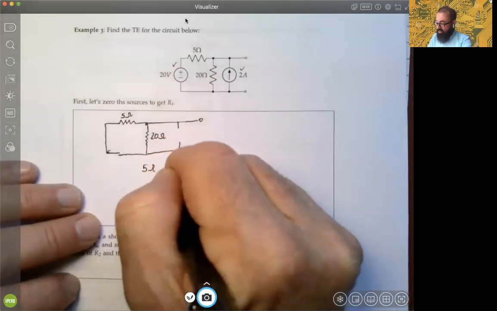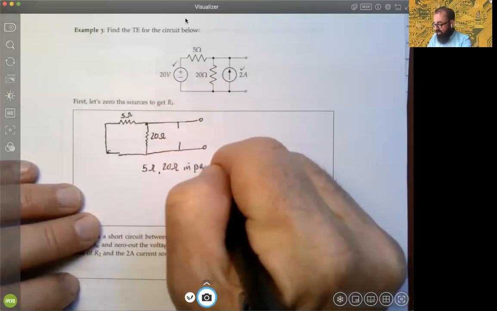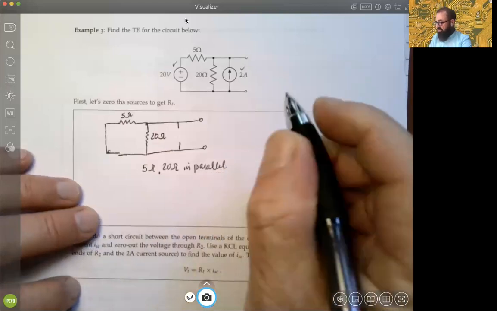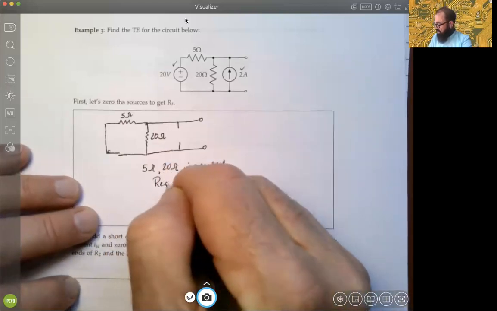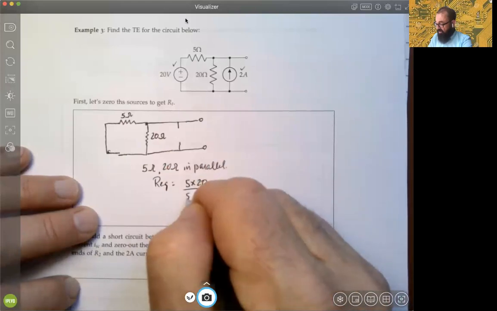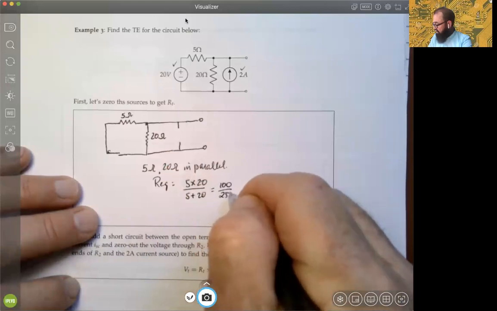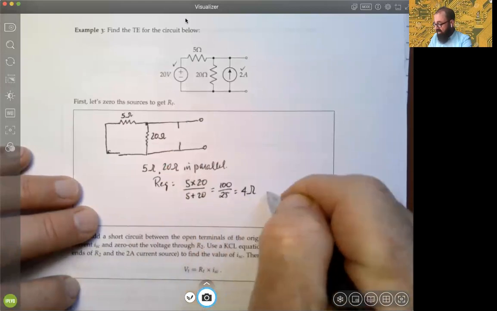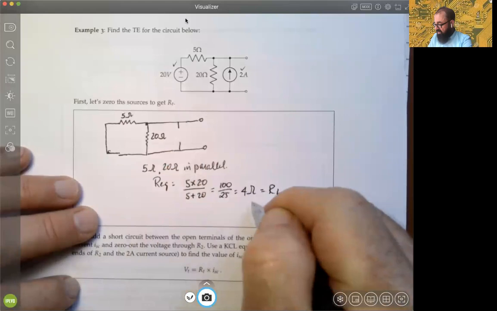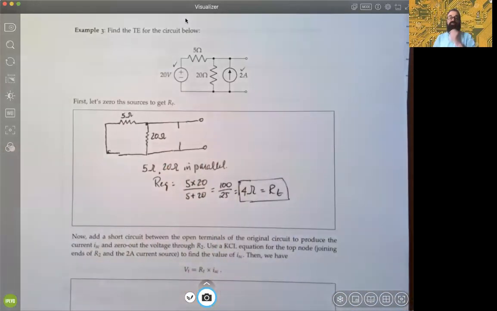So the 5 ohm and the 20 ohm resistances are in parallel, and we know how to compute that equivalent. The equivalent, of course, is 5 times 20 over 5 plus 20, which is 100 over 25, which is 4 ohms. And that is, by definition, the Thévenin resistance.